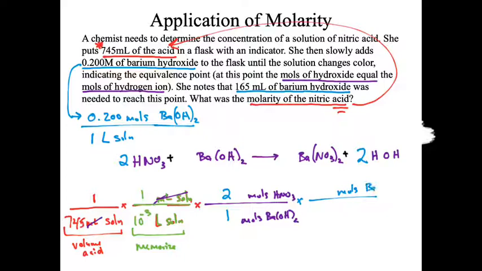Am I given just the moles of barium hydroxide? No. So what am I going to relate the moles of barium hydroxide to? Liters of solution. Conveniently, because I saw that capital M was there and I was like, I need to write that as the proper unit, moles over liters, that thing now shows up super cleanly.